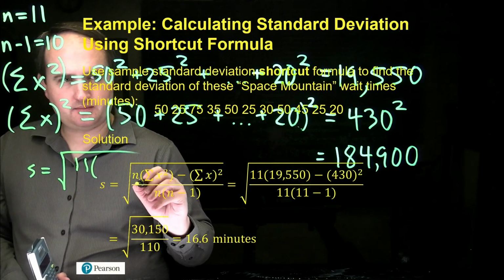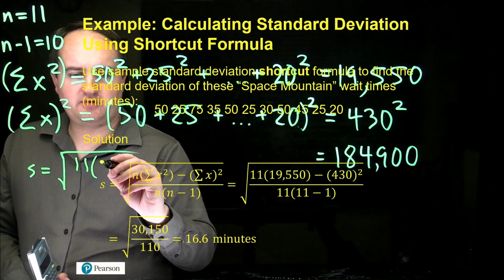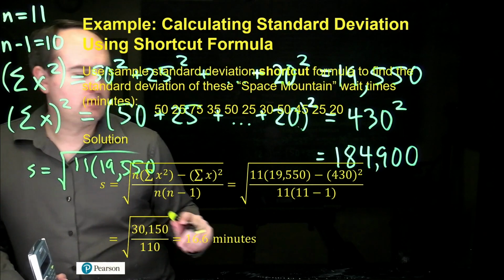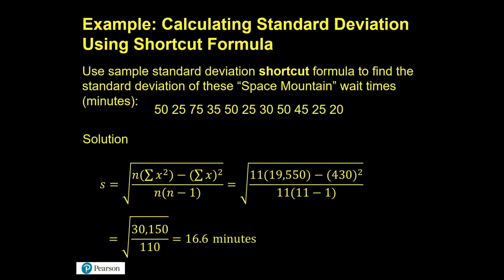That's going to be times the 19,550. Okay. I'm going to go back to my writing in just a second, but it's getting hard to read on the video, so I'm just going to close that for a sec. So we've got 11 times 19,550. That's n times sum of x squared.